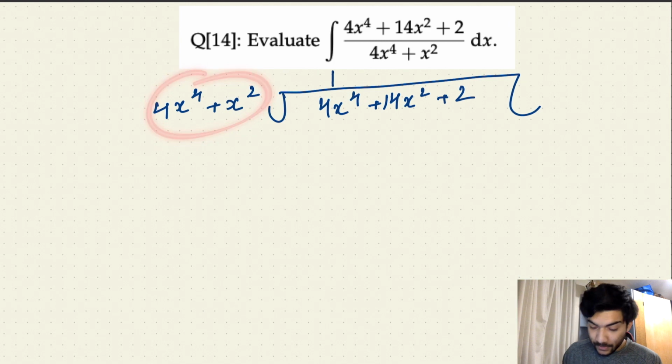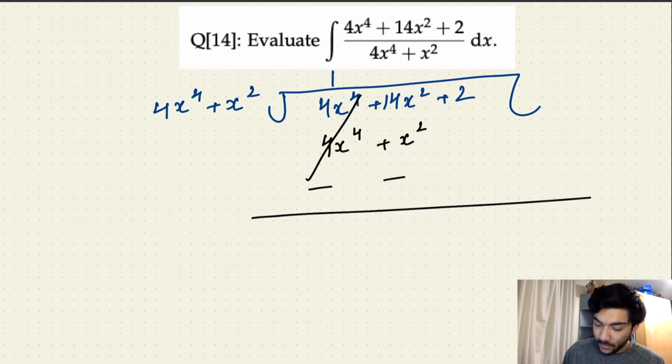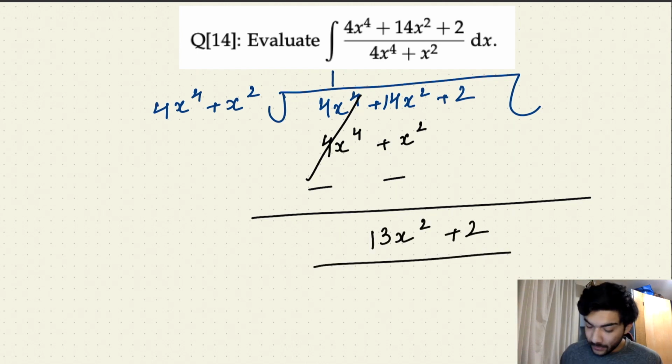If we multiply this expression by 1, we will get 4x to the power 4 plus x squared over here, right? And subtract. This will cancel out. So this will be 13x squared plus 2, which will be your remainder. 1 is your quotient, this is your divisor, and this is your dividend.